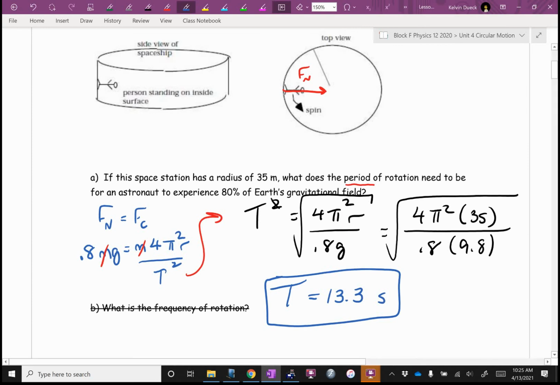Your toes would experience the 80% of G, but your head might only be getting 77 or 76%, and that might be enough to make you feel a bit weird. Maybe like you were almost always about to fall backwards. You might feel a bit nauseous until you got used to it, but you would get used to it after a few days.